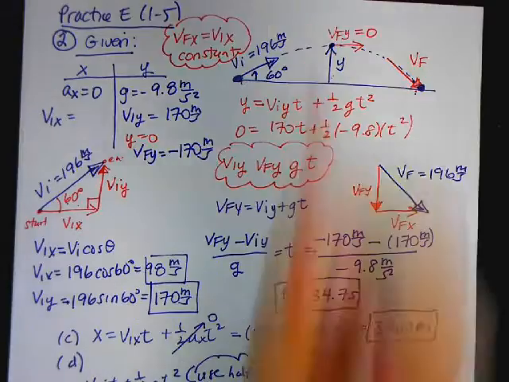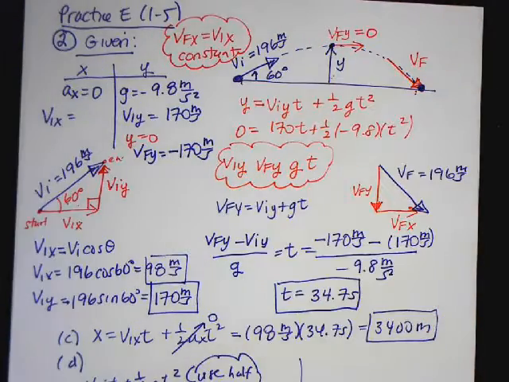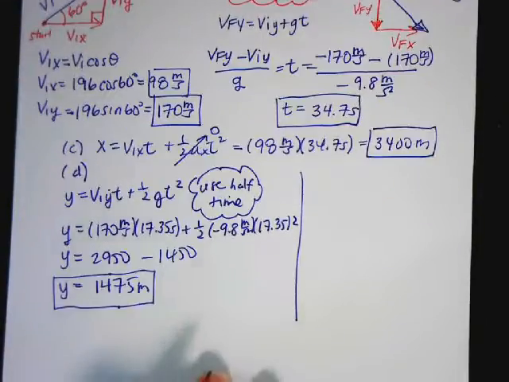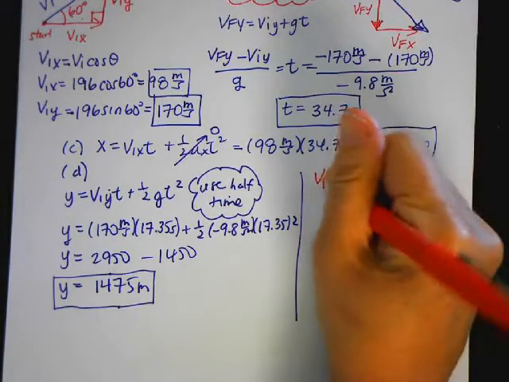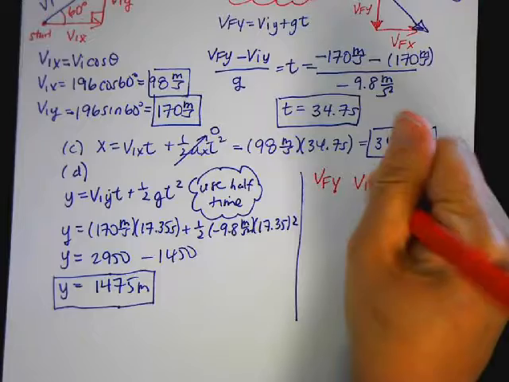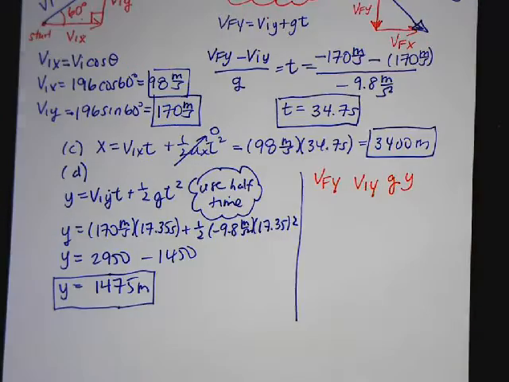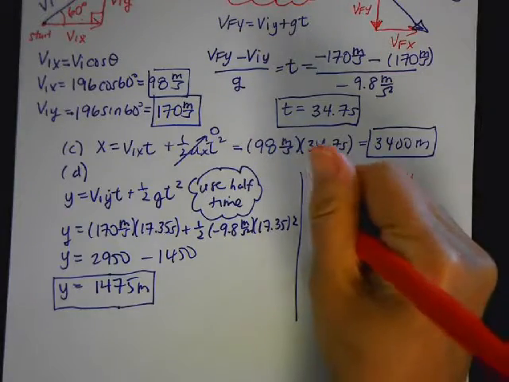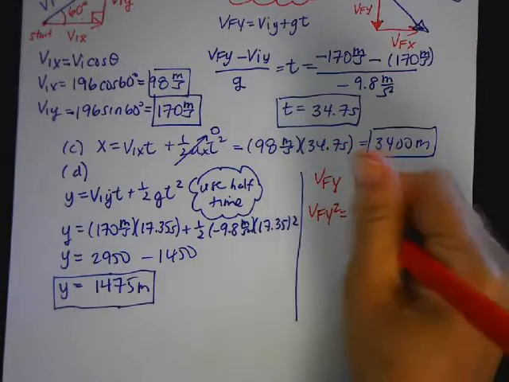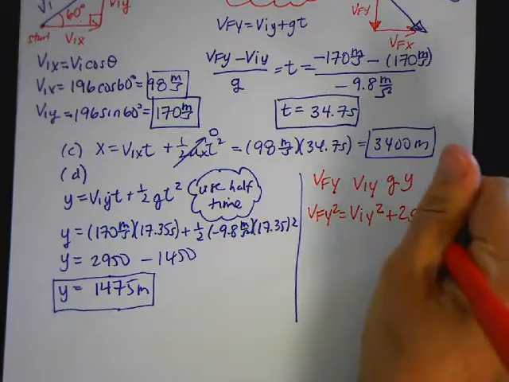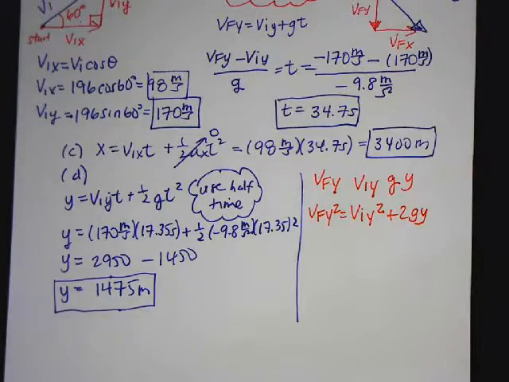So, because right there VFY is 0, let's go back down. I have VFY, which I know is 0. I know VIY. I have G, and I want to find y. So now I can use the equation VFY squared is equal to VIY squared plus 2GY. So I'm going to rearrange the equation to solve for the unknown in terms of the known.